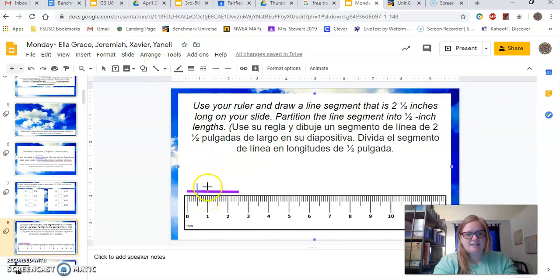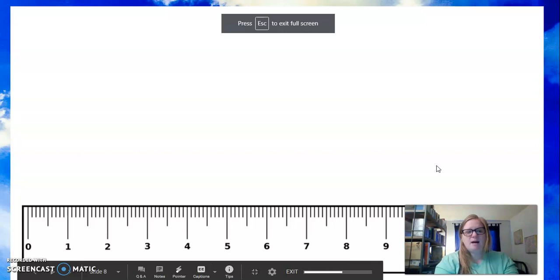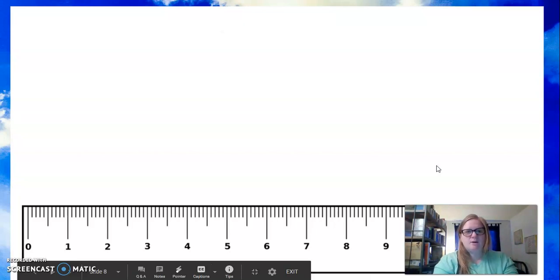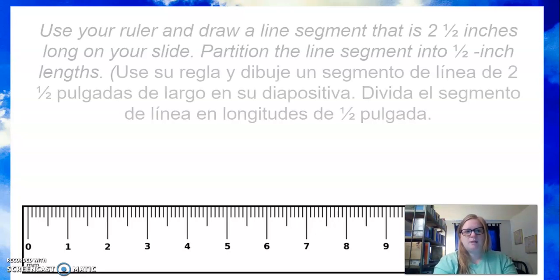It means that it's still a halfway mark because the distance between these two is the same. And then you're going to continue on and finish that up. All right. So go ahead and pause and complete the math warm-up and creating your line, and then come back in 5, 4, 3, 2, 1.